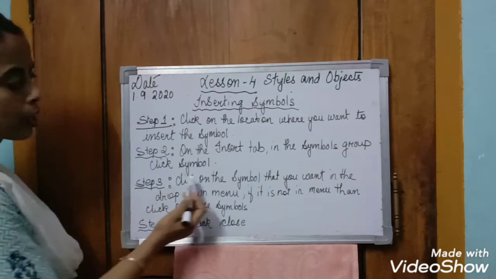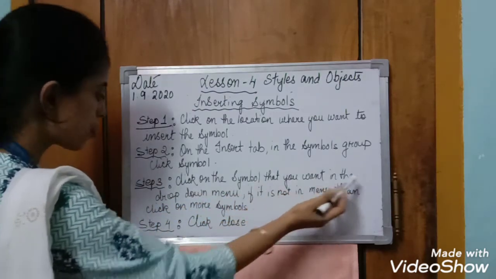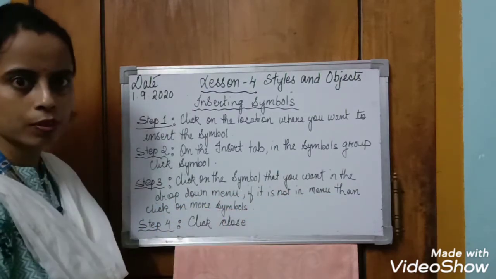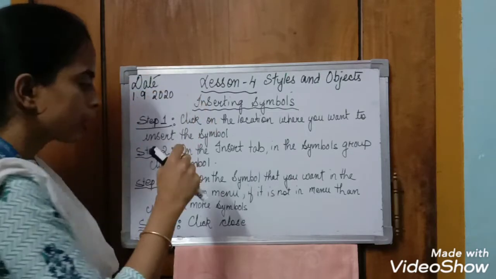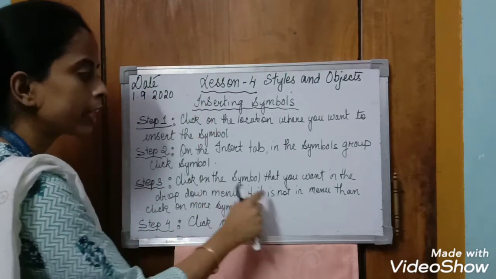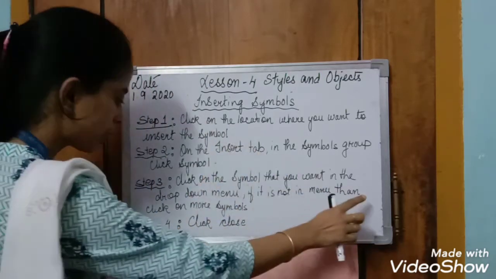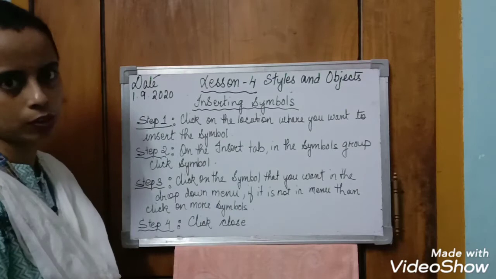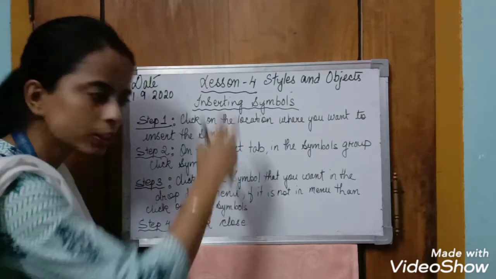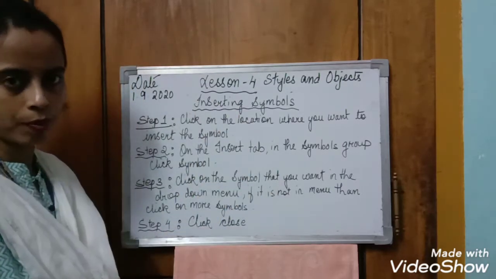Step number 3, click on the symbol that you want in the drop down menu. If the symbol is not in the menu, then click on More Symbols. Once you click on More Symbols, you will get the symbols.